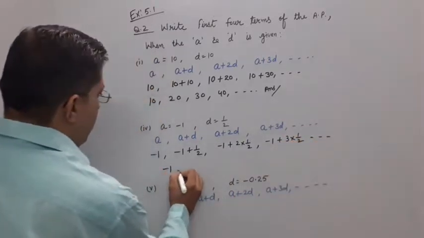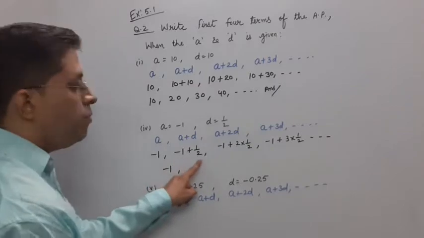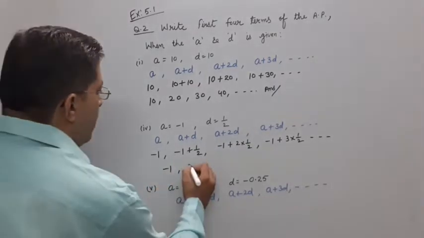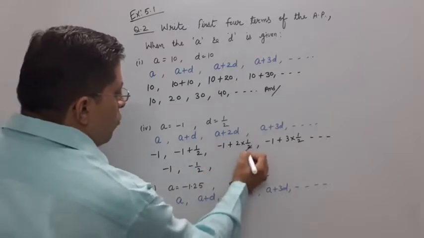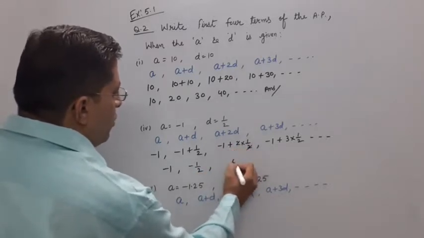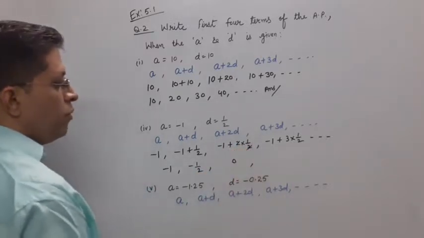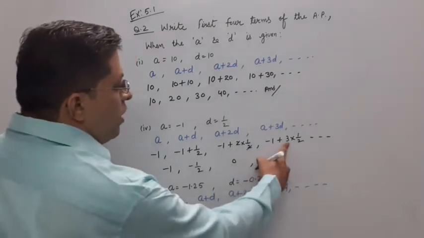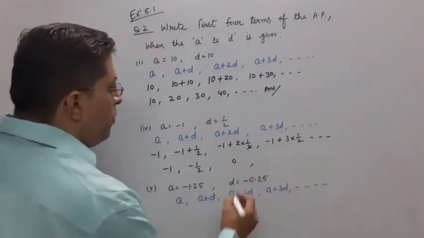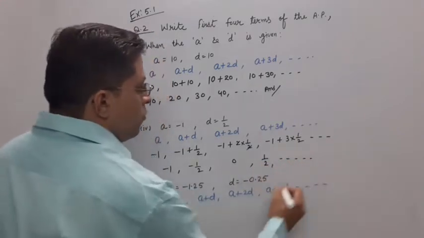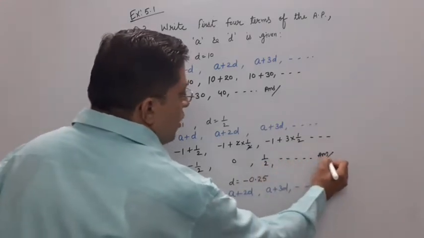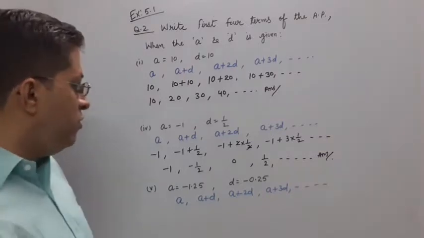Here minus 1 plus half, this will be your minus half. Okay, 2 to 2 cut, minus 1 plus 1 is 0. Okay, minus 1 is here and 3 by 2, this will be 1 by 2. This is your answer.